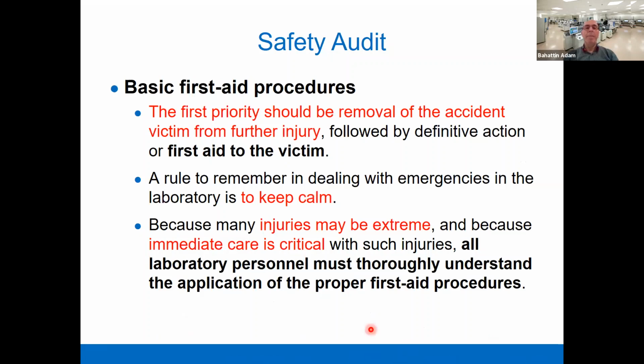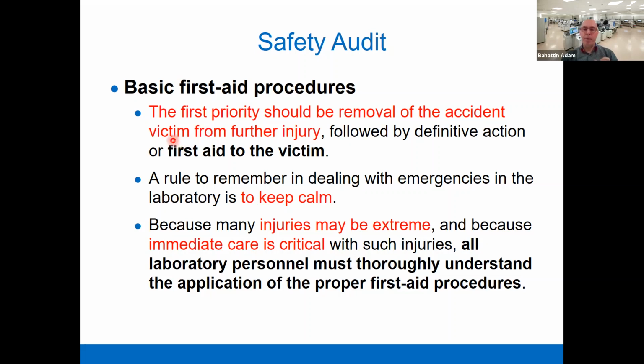Okay, now what we can do if we have any accidents. Okay, the basic first aid procedure is important; all the lab staff should know how to help his or her colleagues in such accidents.